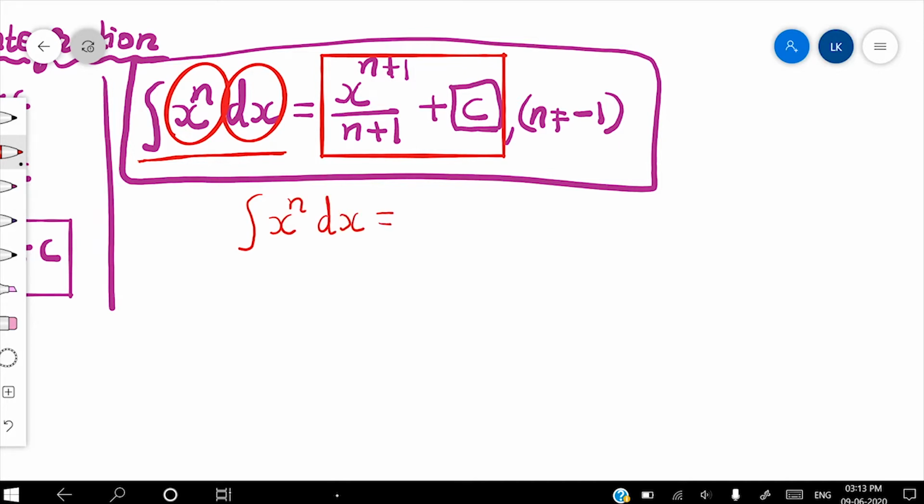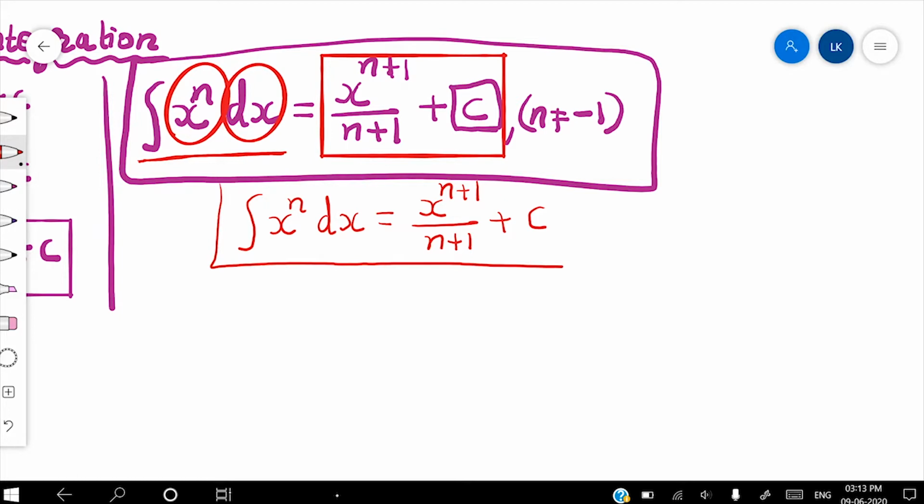Integral of x raised to n dx equal to, what is the formula? Tell me, friends. Yes, concentrate only here. What is the answer? Correct. X raised to n plus 1 upon n plus 1 plus c. Whenever you are taking the integration, plus c is most important, where c is any constant.